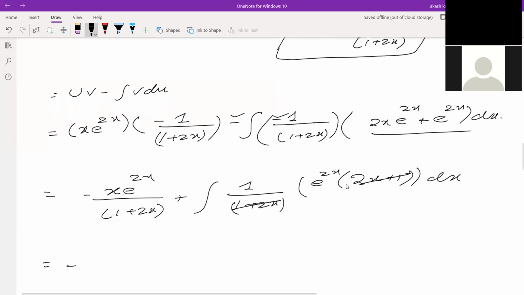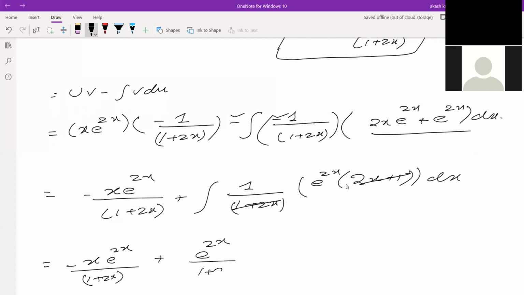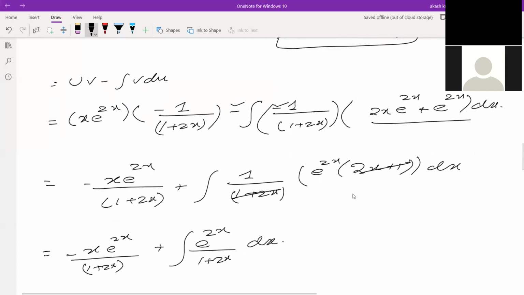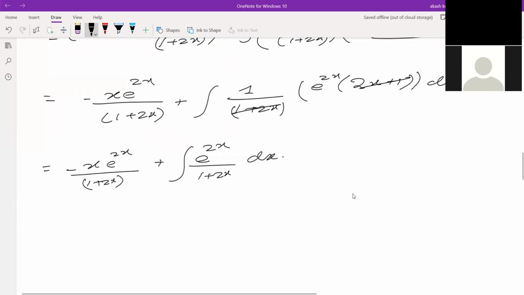So what is left is minus x e raised to the power 2x divided by 1 plus 2x, plus the integral of e^2x. Again, we have to apply integration by parts.